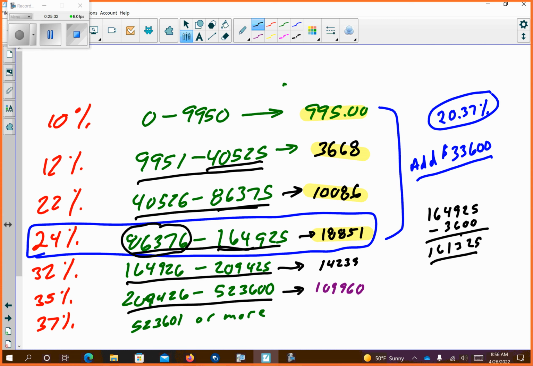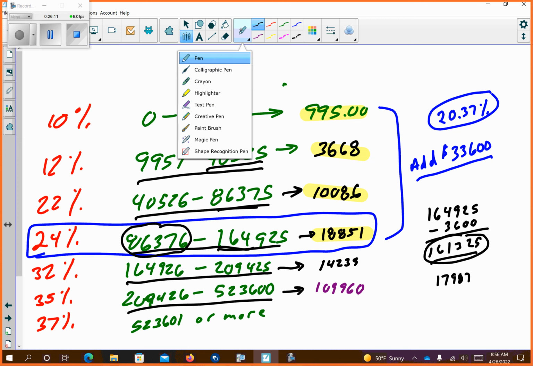Subtract these two circled values from each other, and then multiply that by 0.24. $161,325 minus 86,376 times 0.24. $987.